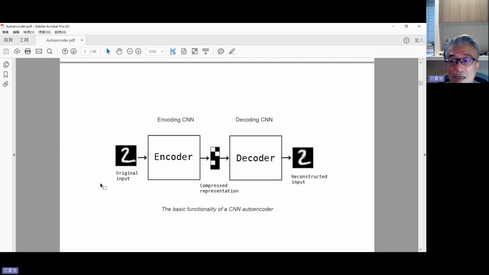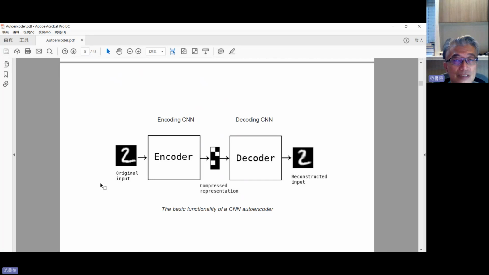There's one slide before I end this session. This is the basic functionality of a CNN autoencoder. The input is a test instance in the MNIST data set, the original input, going into the encoding CNN.